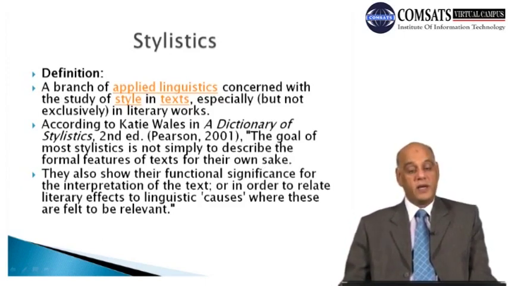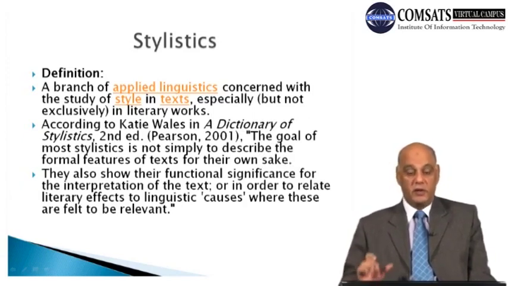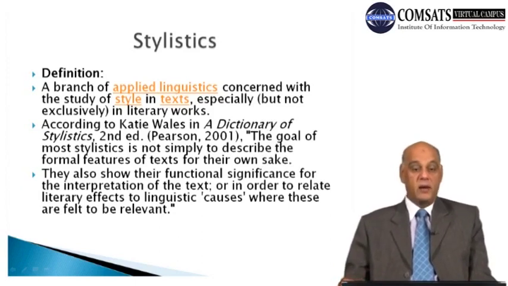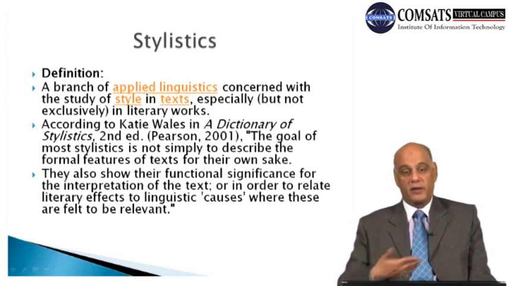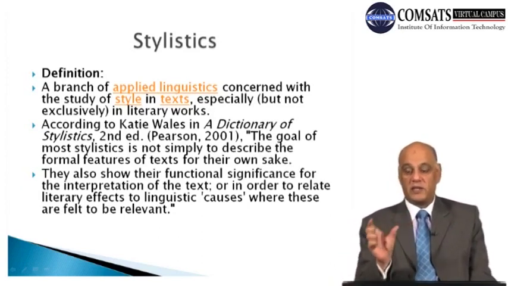According to Katie Wales in A Dictionary of Stylistics, 2nd edition, the goal of most stylistics is not simply to describe the formal features of texts for their own sake. You are not explaining the features of the text just for their own sake. Their purpose might be different, and you're looking at the overall impact of the text, and also at the individual devices used in it.